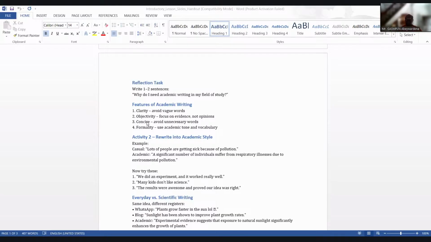And vocabulary used in the field. Right. Will you be able to write this? Why do I need academic writing in my field of study? Write 2 sentences on that. Will you be able to write?